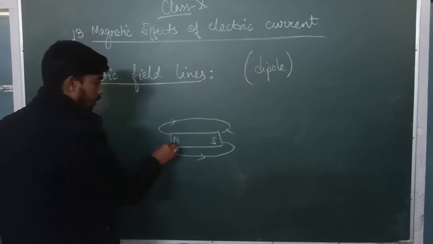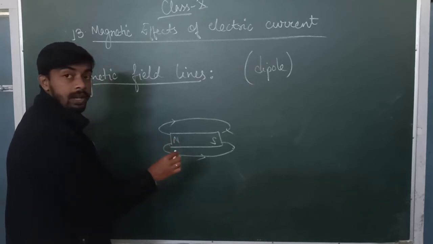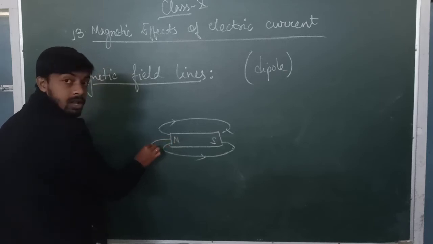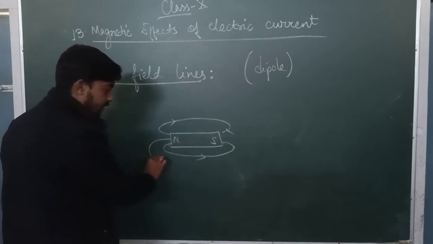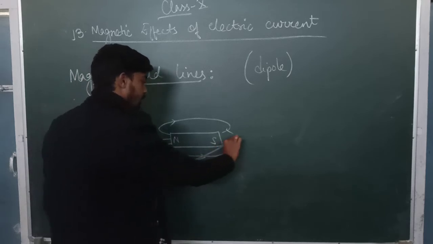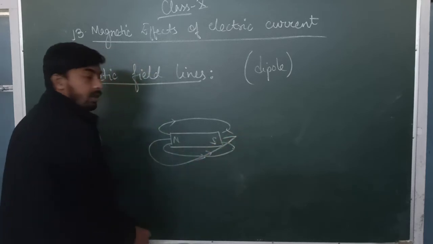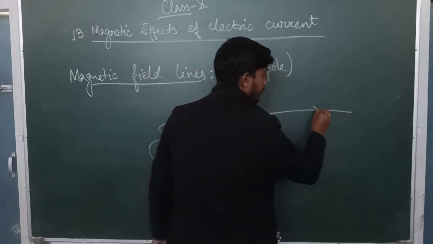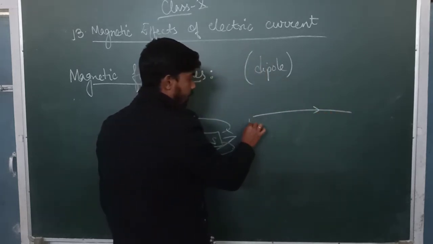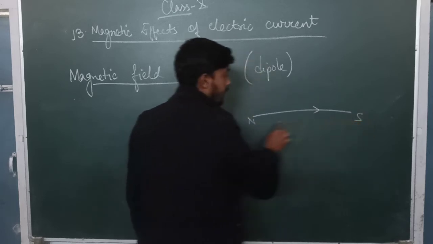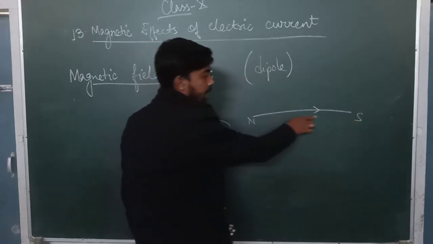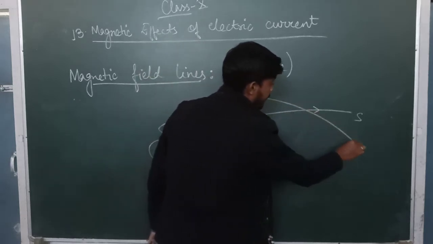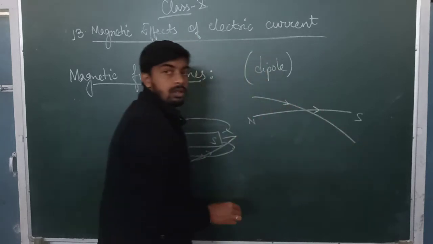So in the path of these field lines, it cannot happen that one magnetic field line is coming from here and then going from this side and intersecting through this part and moving here. That means if one magnetic field line is moving like this, with this the north pole and this the south pole, then another magnetic field line cannot come and intersect these two.